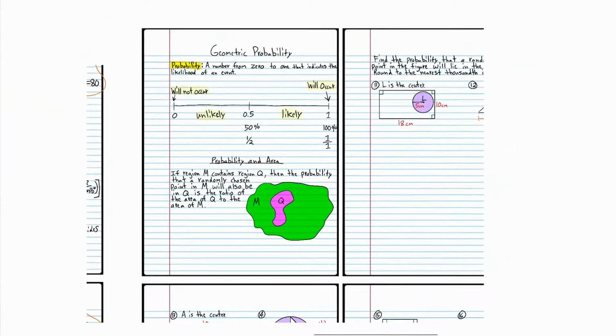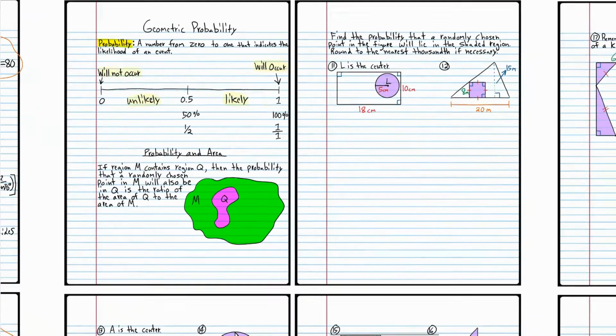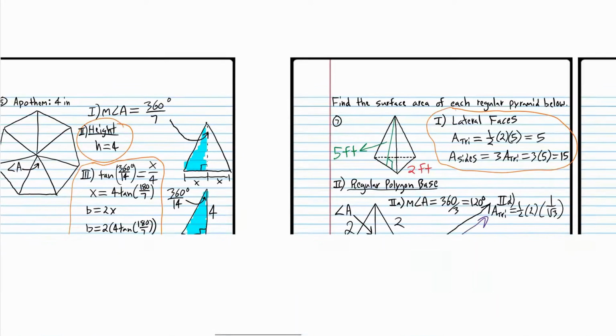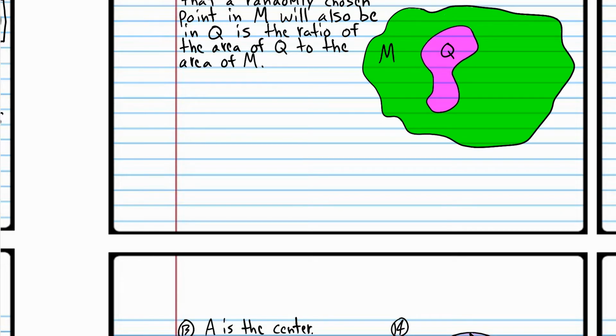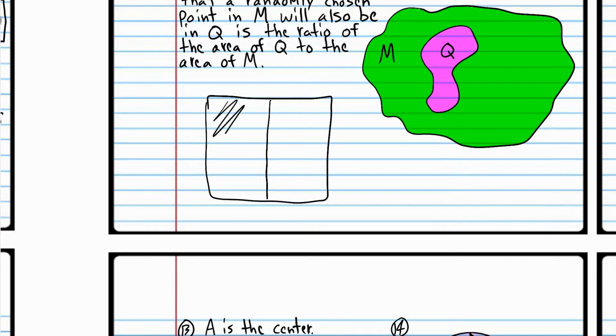I know that seems kind of hard to think about, but for example, if you had a very simple shape of a box, and the bottom of the box looks something like this, and you divide the bottom of the box in half, and then you throw something randomly inside the box, it's about a 50% chance that it would land here, and about a 50% chance that it would land here.